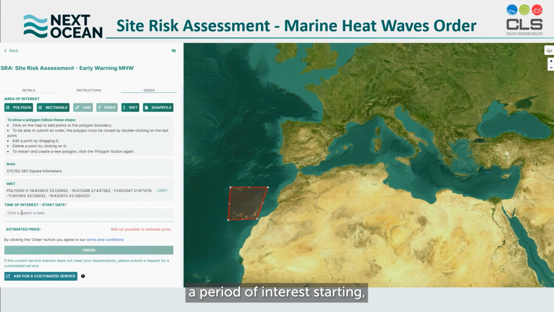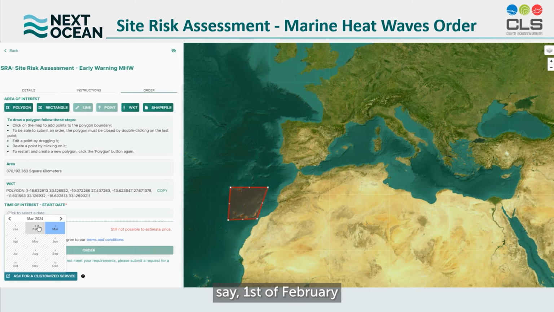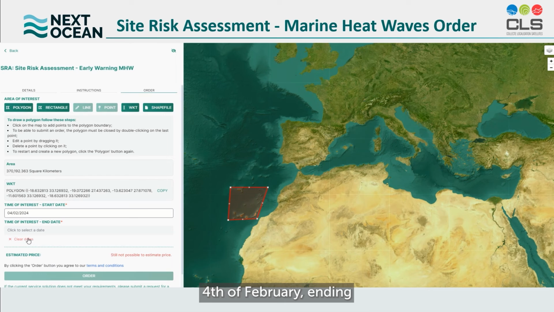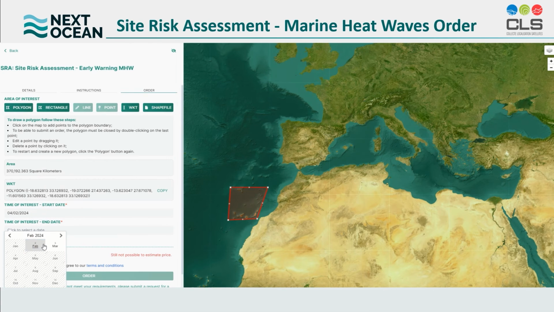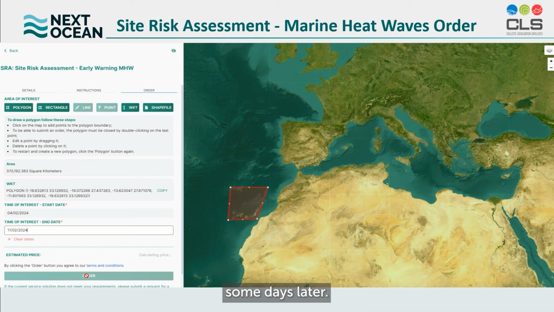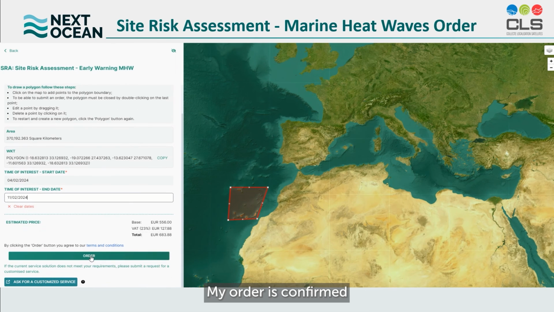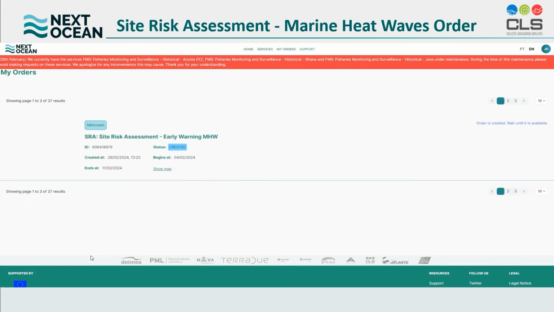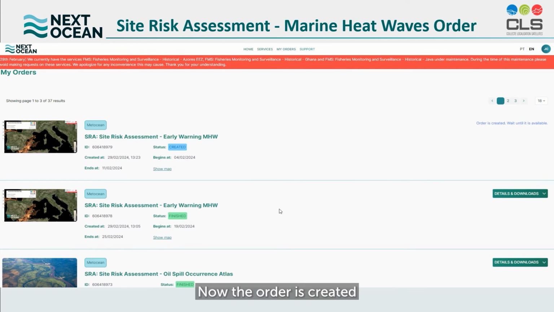A period of interest starting, say, 1st of February, ending some days later. My order is confirmed. Now the order is created and we wait until it is available.